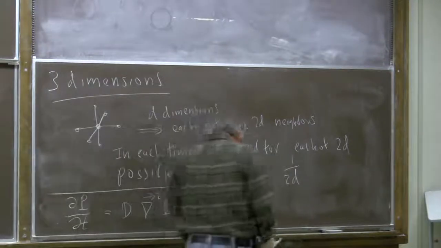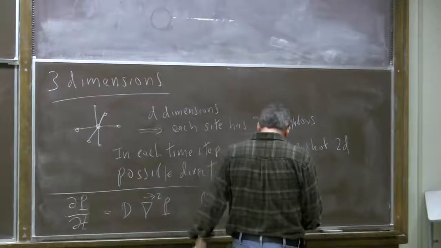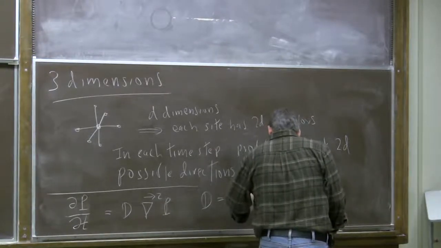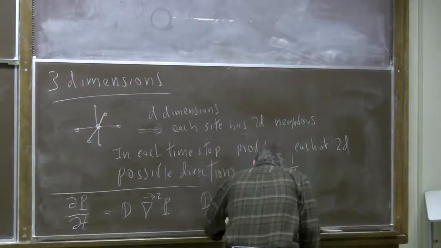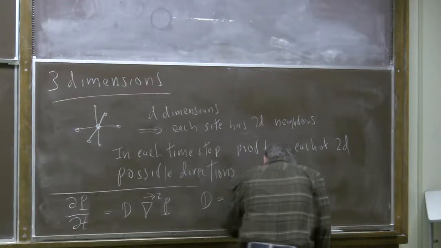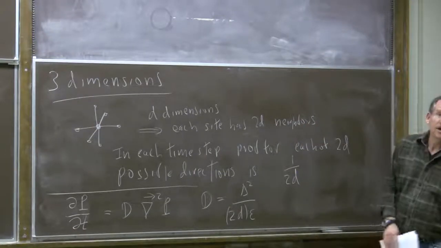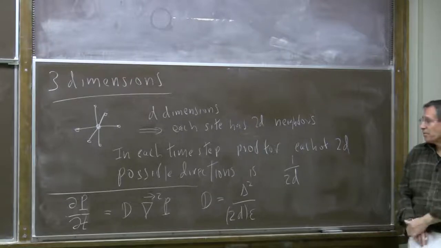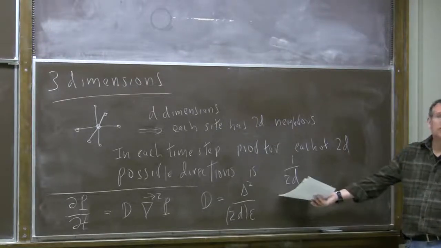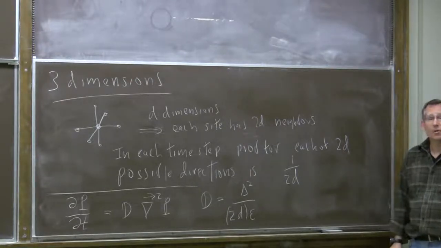And where the diffusion constant now will be delta squared over, in d dimensions, 2d times epsilon instead of 2 epsilon in the denominator. That's just coming from the probability of being 1 over 2d instead of 1/2 for each of the ways you can go.